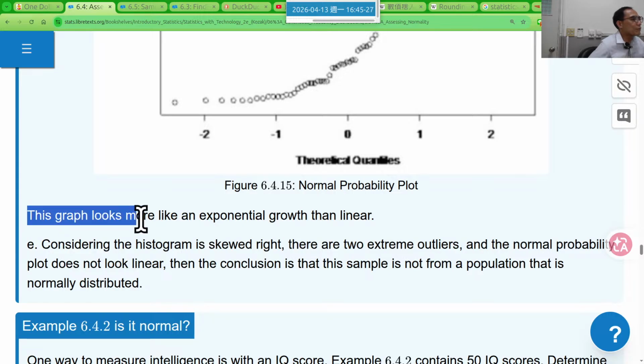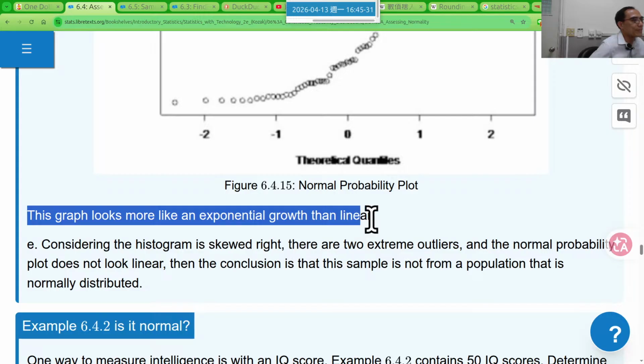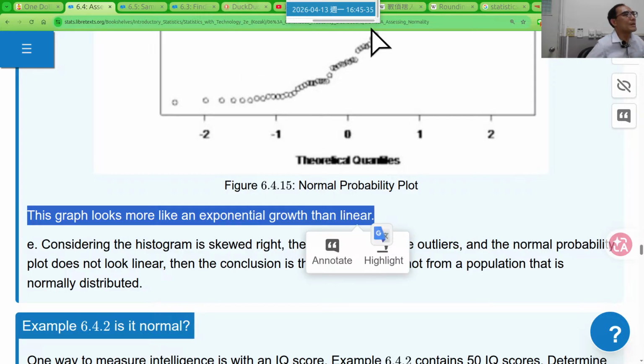This graph looks more like exponential growth than linear. Now let me show you how to do this.